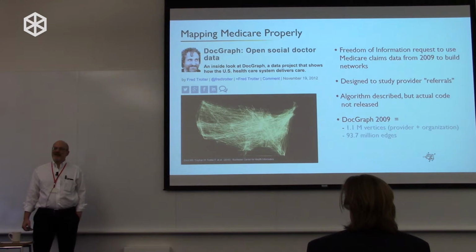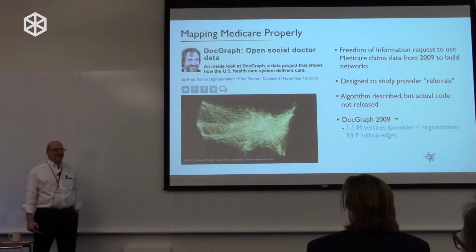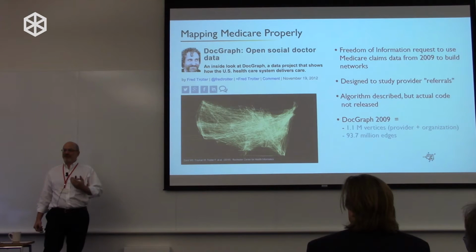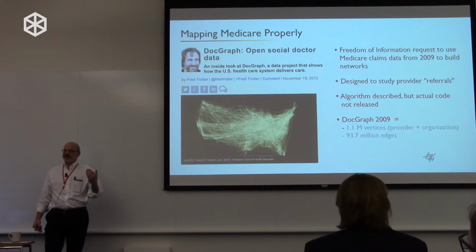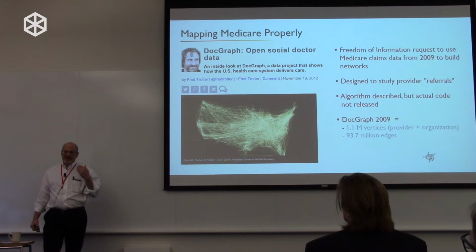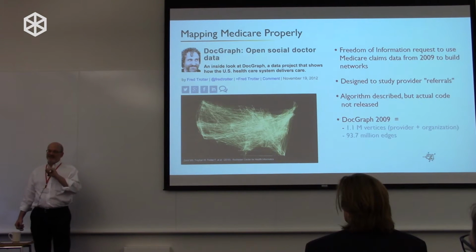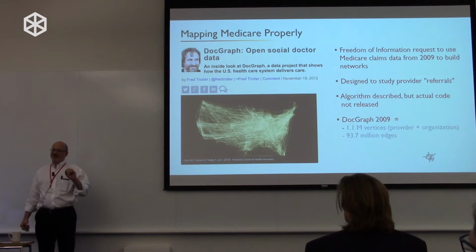So essentially, a set of edges where the edge weights were the number of shared patients between providers. Now, Fred's a reporter, and so he had some idea of how he wanted them to build the edges. You couldn't release patient data at that point, because you didn't want to identify individual patients. So he gave them a description of an algorithm.